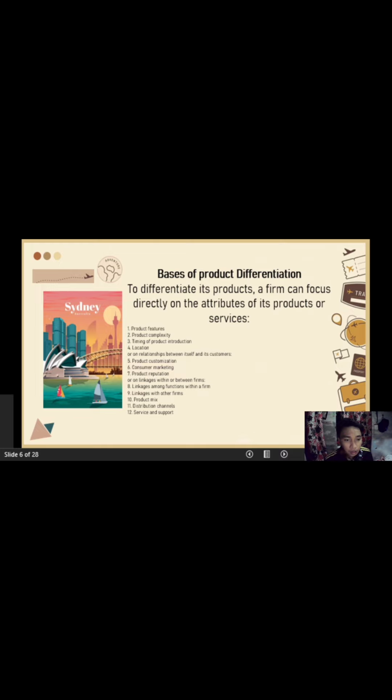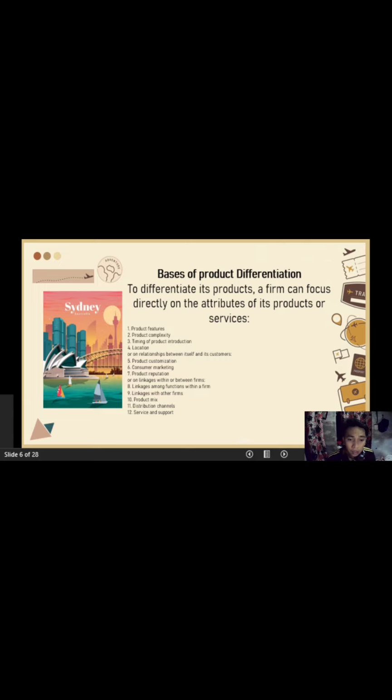And next is linkage between function. So, a less obvious but still important way in which firm can attempt to differentiate its products is through linking different function within the firm. Sa link with other firms, another basis of product differentiation is linkage with other firms naman.